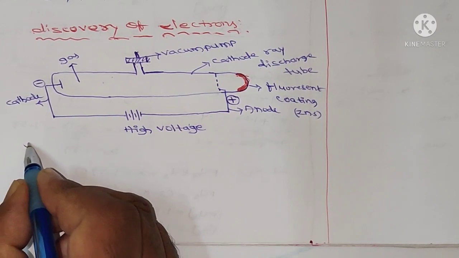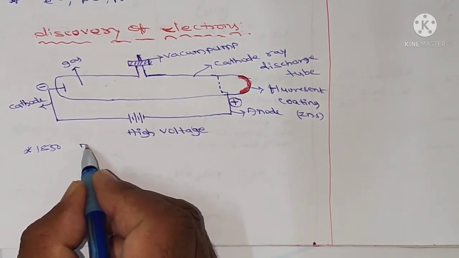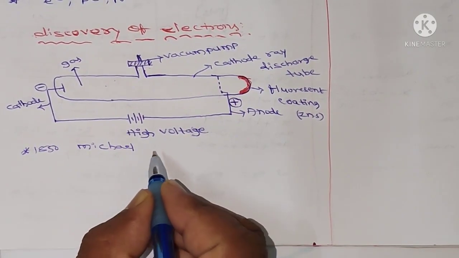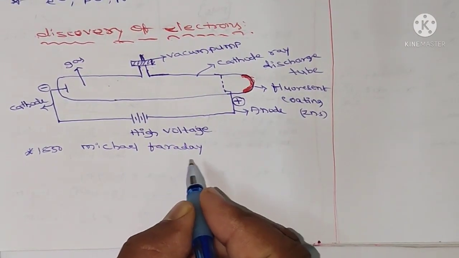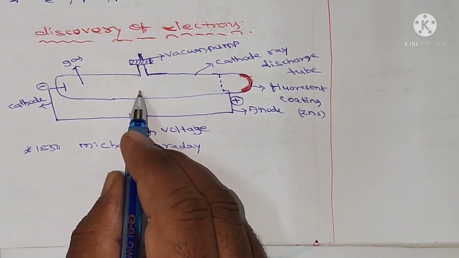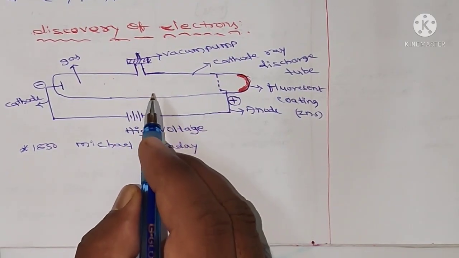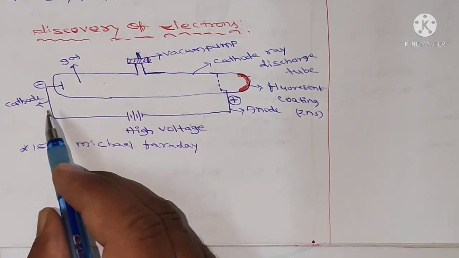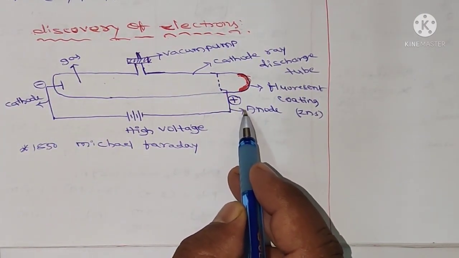So in 1850, Michael Faraday studied the electrical discharge in the cathode ray discharge tube, made of glass and containing two metal electrodes, the cathode electrode and the anode electrode.